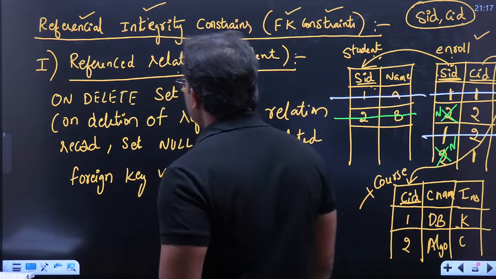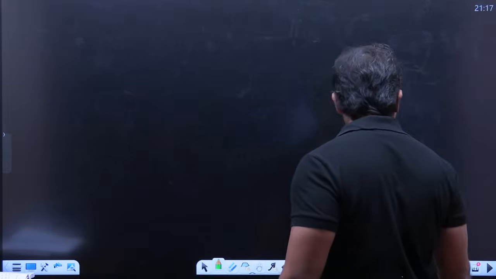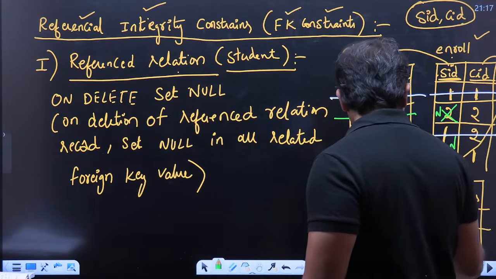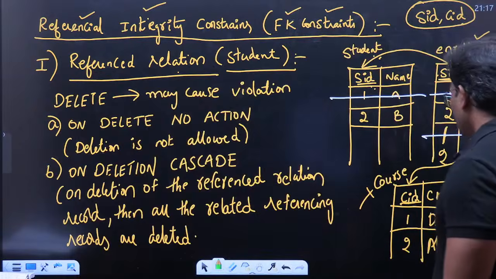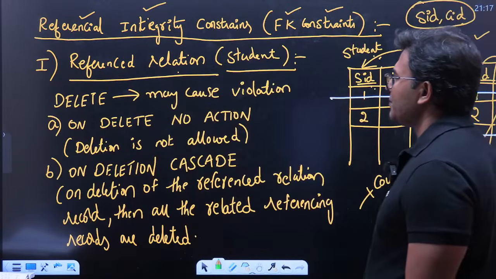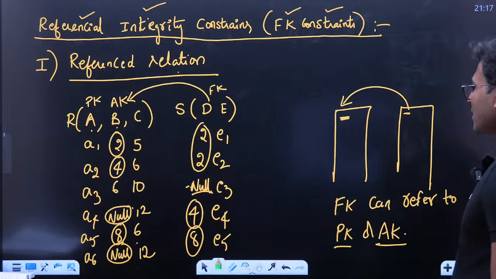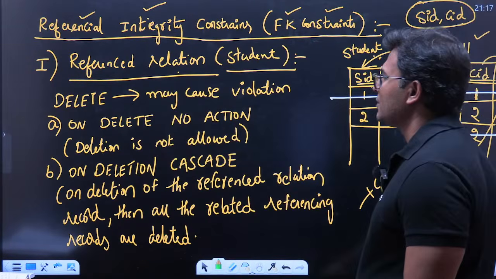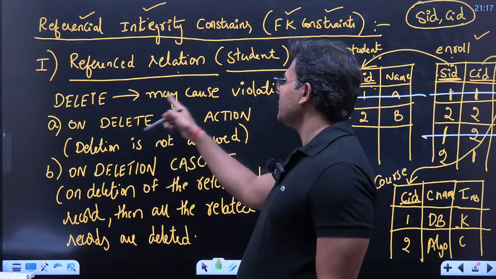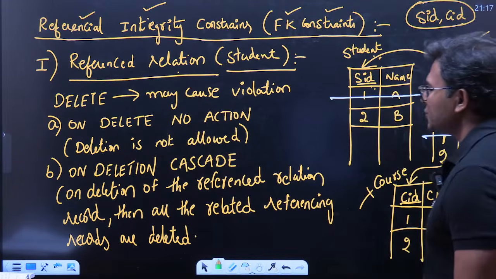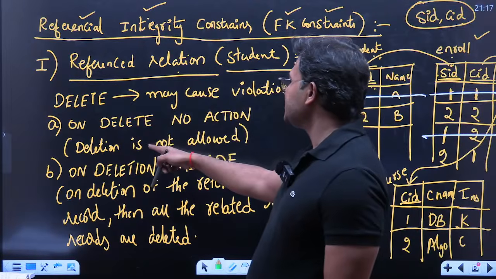And similarly, now we have to see what happens on update. Till now, we have seen what happens on insertion. On insertion there is no violation, but only in deletion there is violation, right? And what are the actions that you are going to take? On deletion, no action.